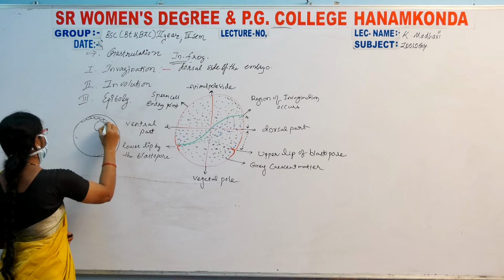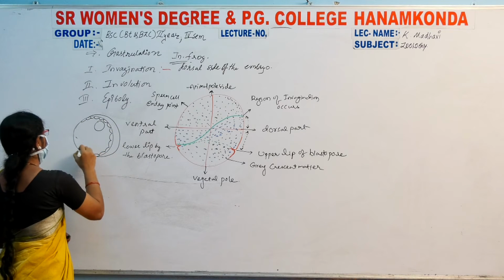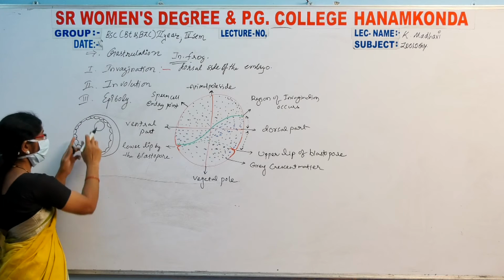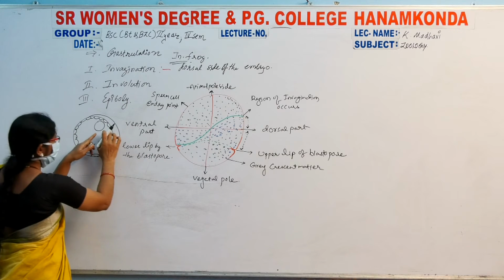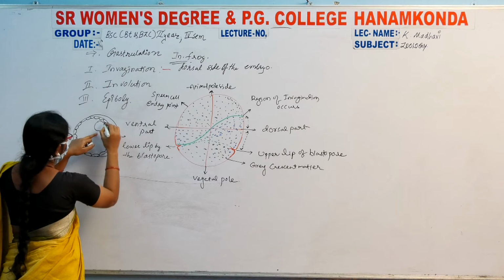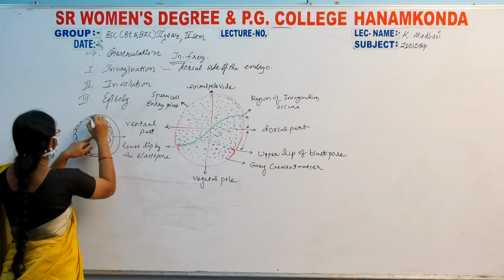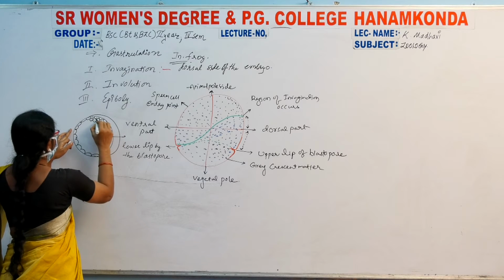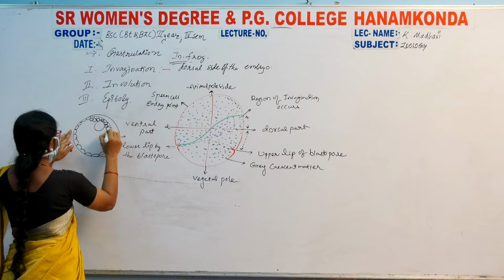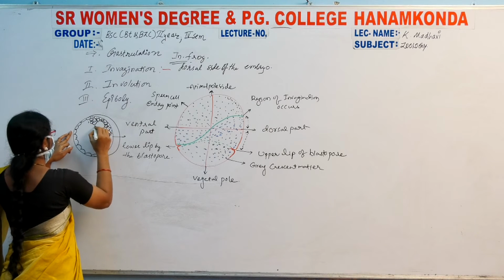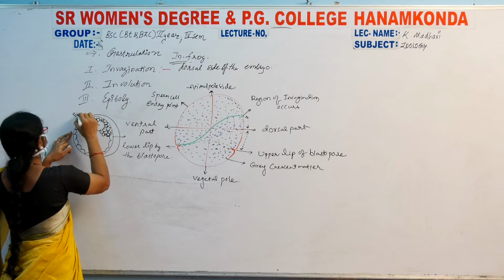Here the first cells are where the invagination starts, the region of invagination at the dorsal side. Here these cells undergo invagination, and slowly form the first, okay, invagination process. This is the blastopore.